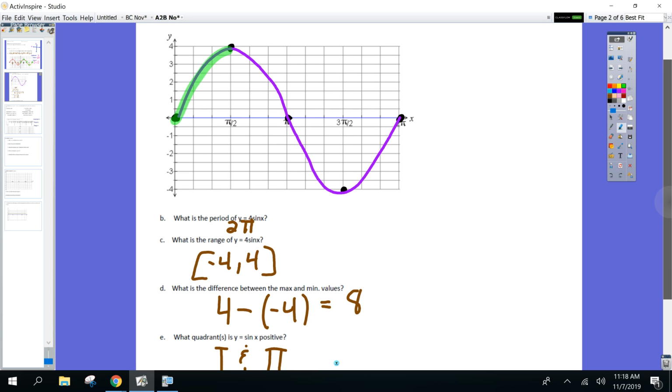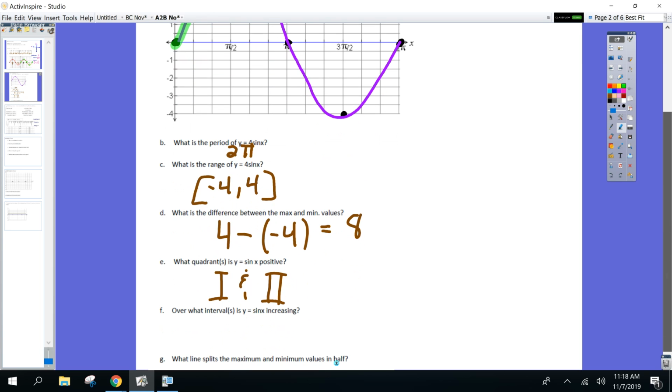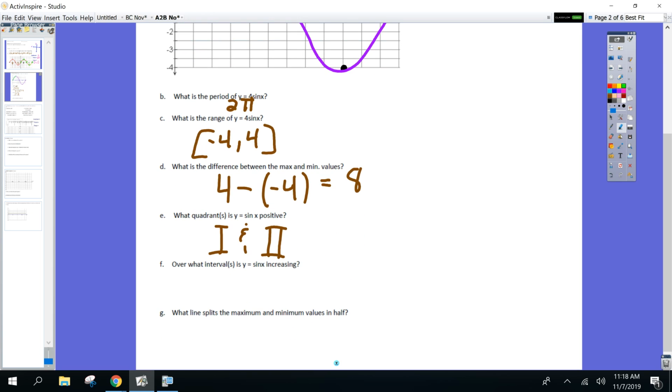I'm looking on the x-axis. Where's it increasing? 0 to what? Pi over 2. Now, I can't say it increases right at 0 or right at pi over 2, so I am just going to put parentheses. 0, pi over 2. Because it's not actually increasing at 0 or at pi over 2.